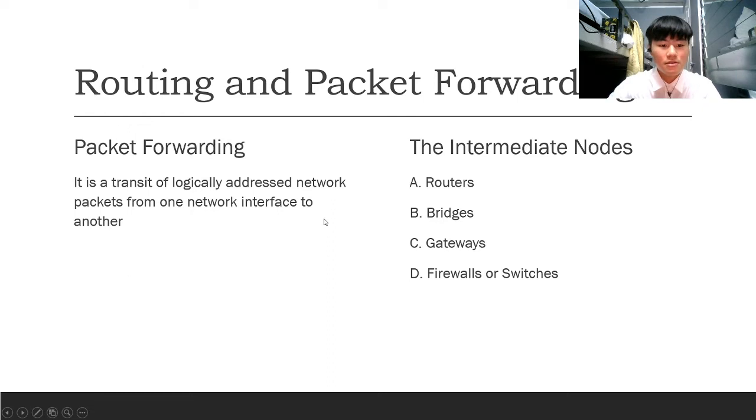Then there's also packet forwarding. It is the transit of logically addressed network packets from one network interface to another. Generally it involves intermediate nodes such as routers, bridges, gateways, firewalls, or switches.